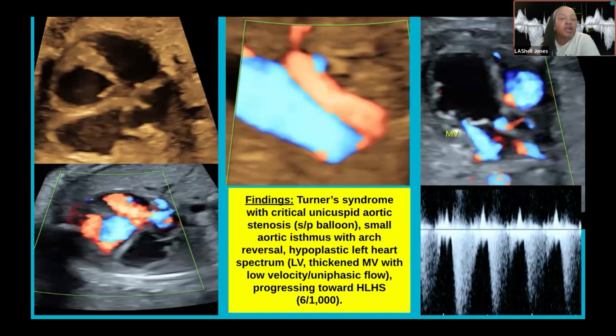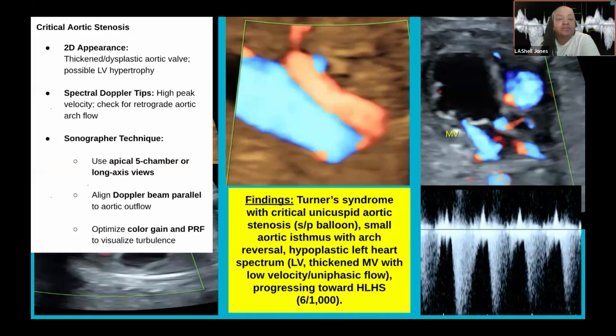So it showed that in this particular case, all 4 of our Doppler settings were very useful in the diagnosis. They all work together to give us a diagnosis.